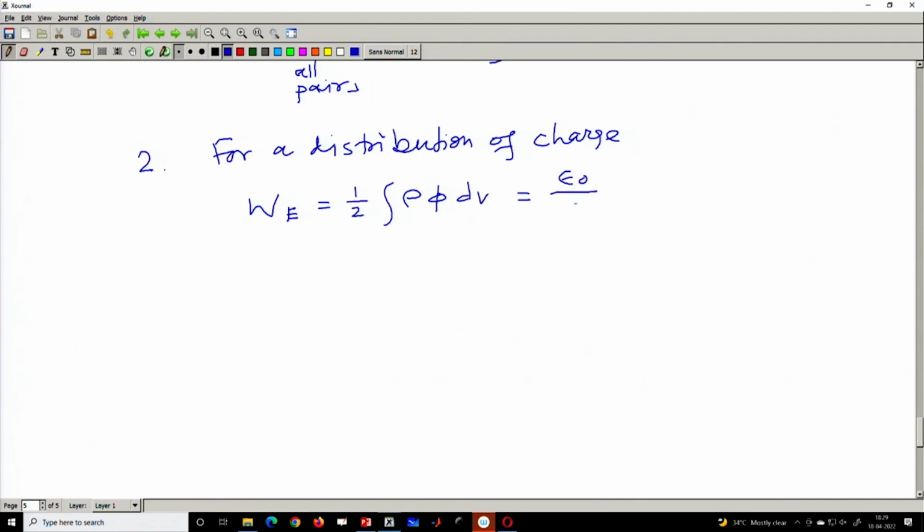This is epsilon 0 divided by 2 integration of mod of E square dV, or E dot E dV, over the volume integral. That is the value.